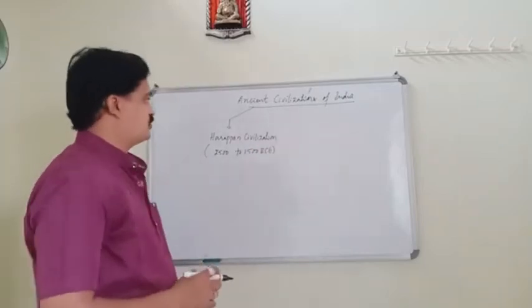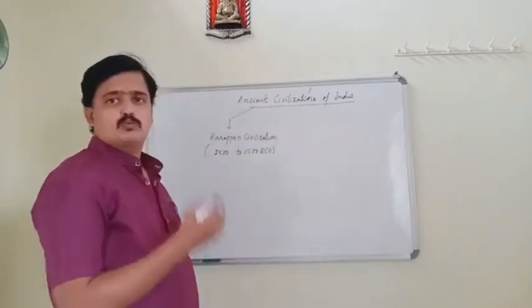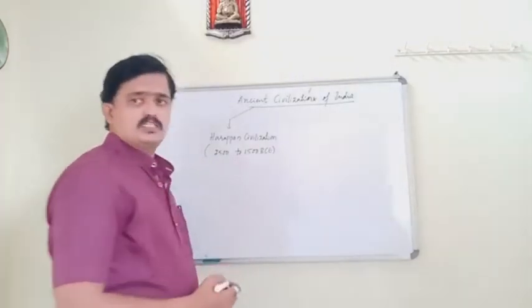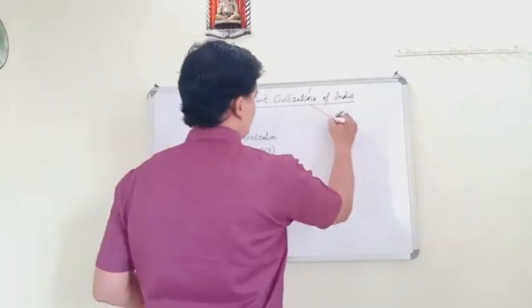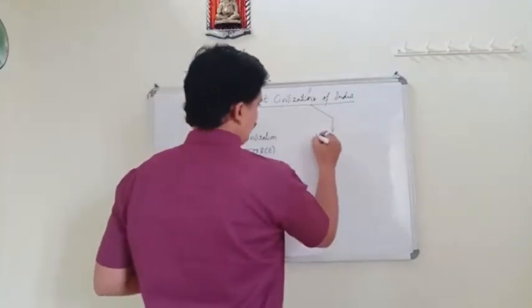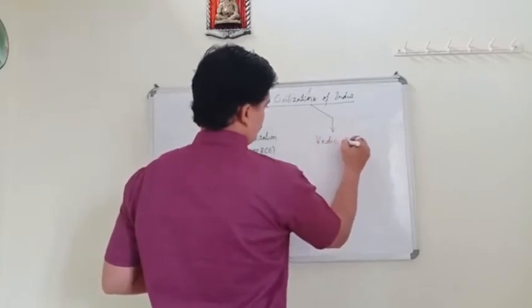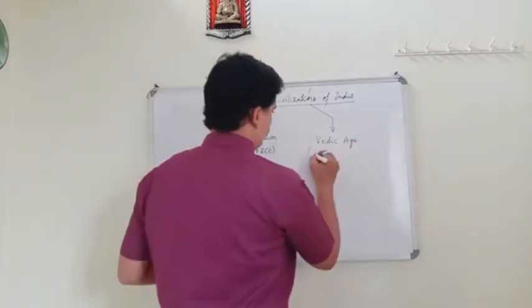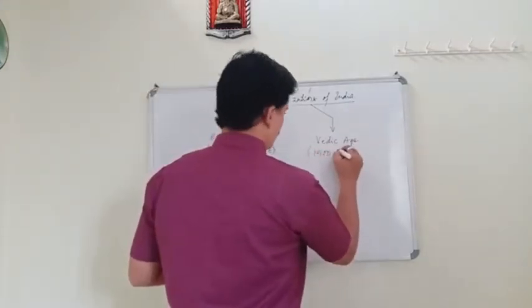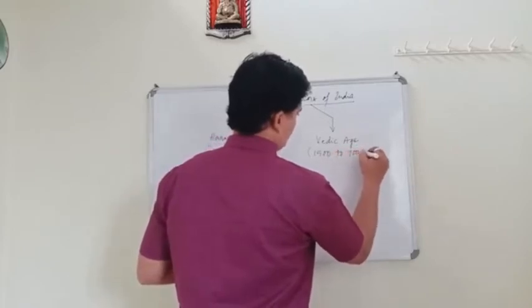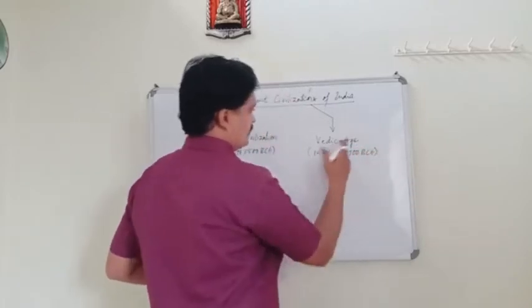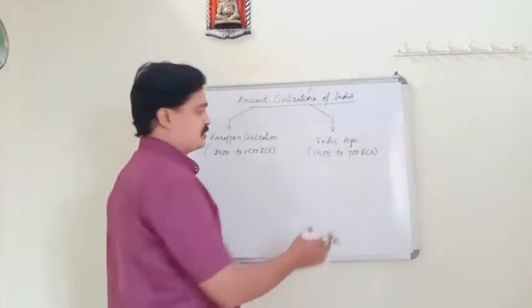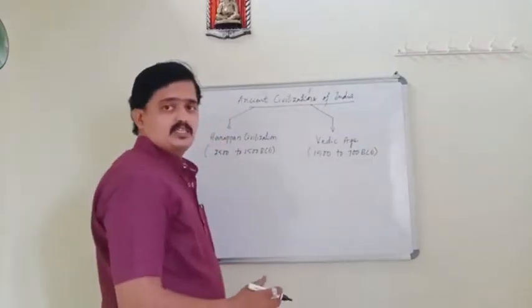We are also going to learn one more important thing, that is the Vedic Age. The period of the Vedic Age was 1500 BCE to 700 BCE.